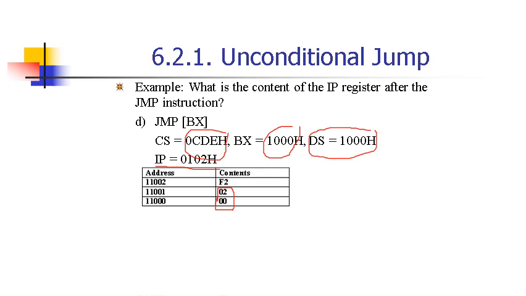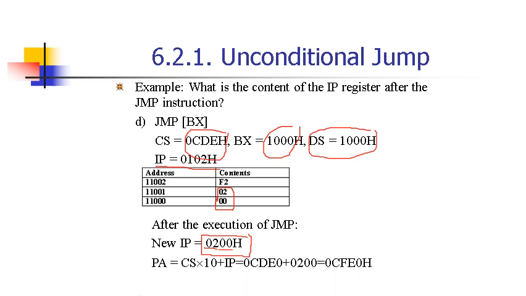So you should place now in your IP 0200. This would be your new value of IP. Your higher byte is 02, it's here, and your lower byte value is 00. You place it in the lower byte of your IP: 0200.